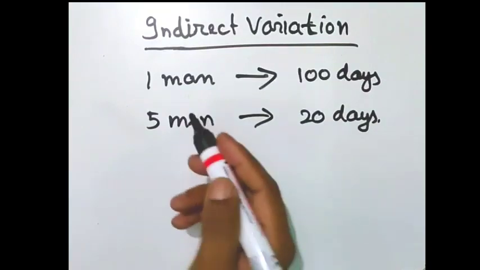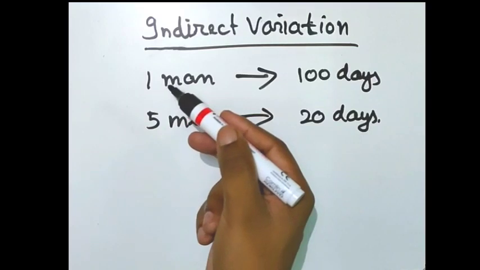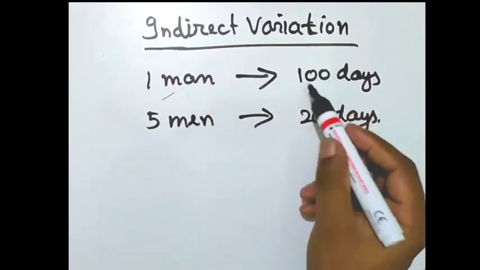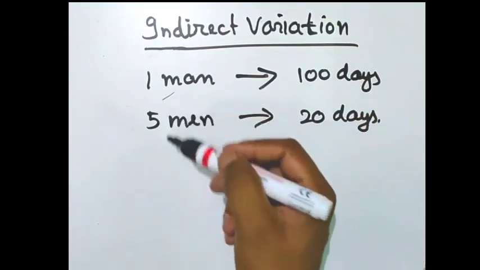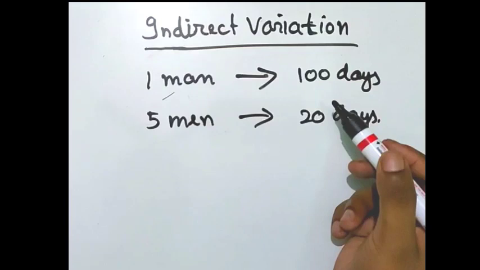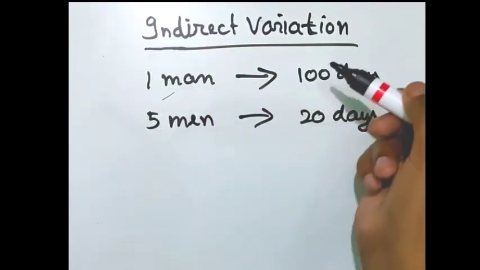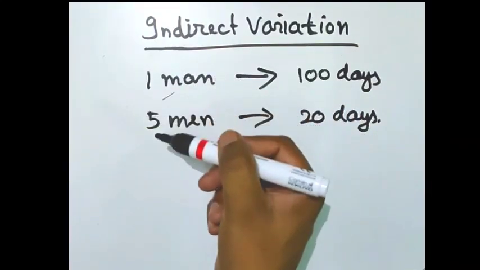So what do you observe here? If I am increasing the value of this quantity, the value of this quantity is decreasing. So there is an inverse relation, right? In direct variation, what happened? If I increase this quantity, the other quantity also increased. But in indirect variation, if I increase one quantity, the other quantity decreases.